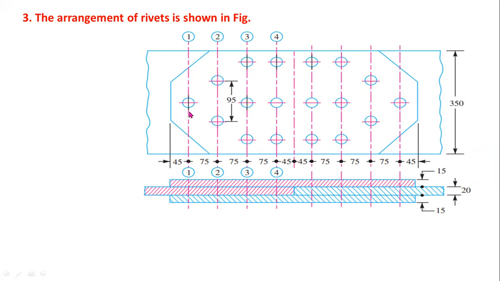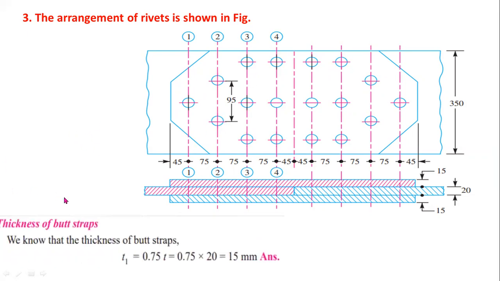In the first row there is only one rivet. In the second row there are two rivets. In the third row there are three rivets. In the fourth row there are three rivets. So totally 3 plus 3 plus 2 plus 1, total 9 rivets. So this is the arrangement of the joint.